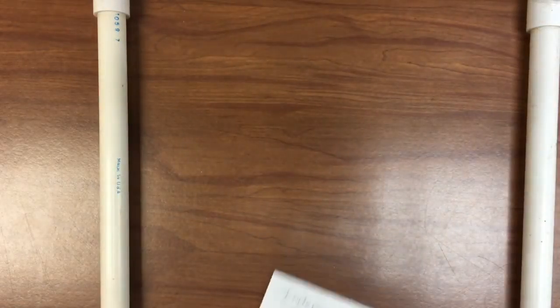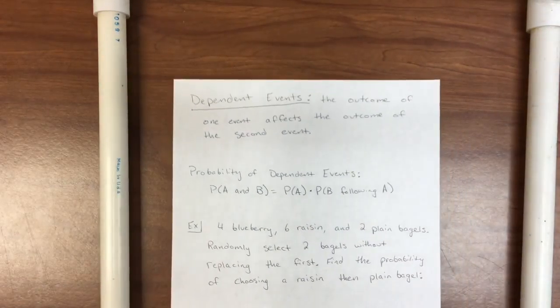Now, we are going to move on to dependent events. In dependent events, the outcome of one event affects the outcome of the second event. So we're still going to have two events. We're going to have the first event, but then the second event is really going to depend on the first event.